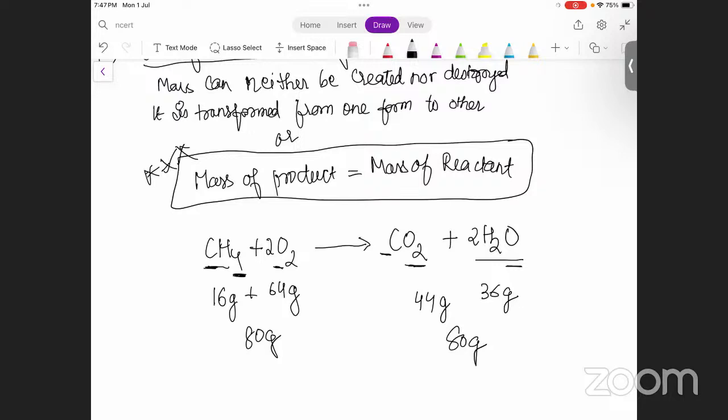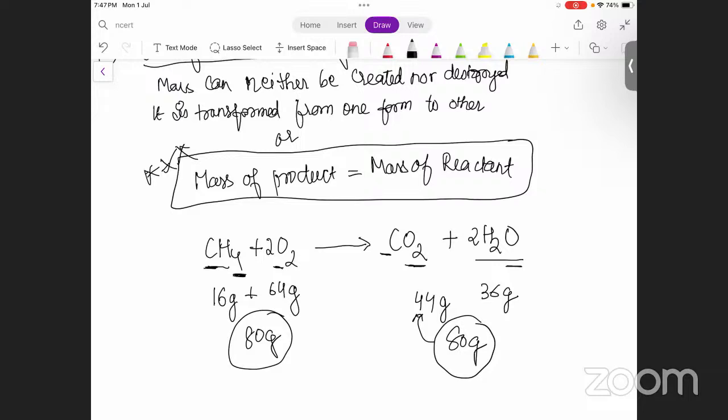Because if I add both of these, I get 80 grams. So obviously on this side also, the amount has to be 80 grams, and I already knew the amount of CO2. So simply what I was supposed to do is subtract 44 from 80. Okay, it's Rakshit. Okay, I'm sorry.